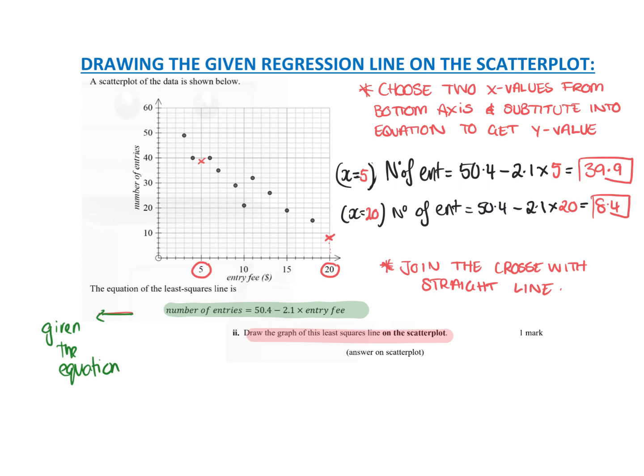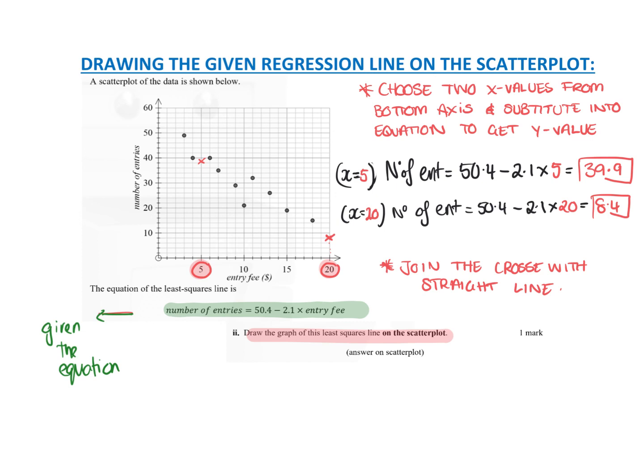What you've got to do is choose 2 x values from the axes below. Just pick any ones that you can see, because we don't want to use 0 or anything, since 0 might not even be on the graph. The 2 I've picked are 5 and 20. If you picked any 2, it'll work.